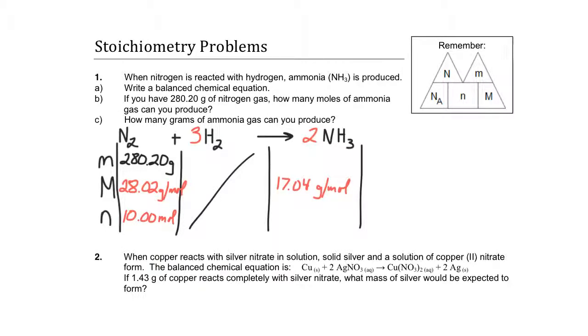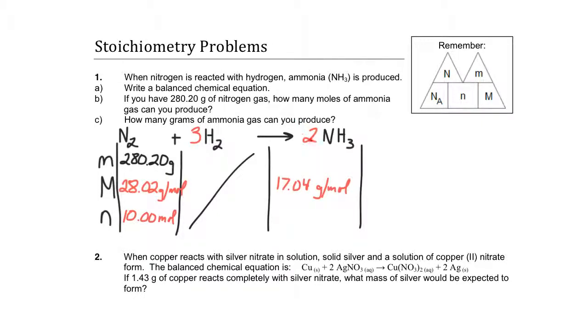The next step is to look at my coefficients. So I have a coefficient of 1 in front of the nitrogen, and I have a coefficient of 2 in front of the ammonia. That means for every 1 molecule of nitrogen reacted, there are 2 molecules of ammonia produced. And we can expand that to number of moles. If we have 1 mole of nitrogen, there's 2 moles of ammonia being produced.